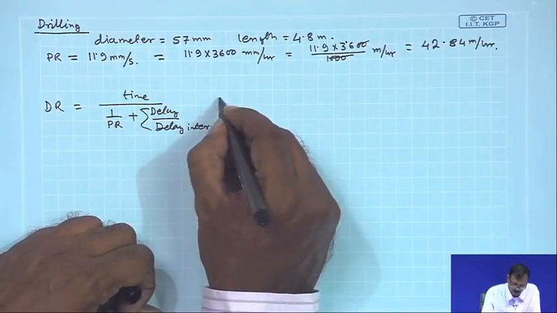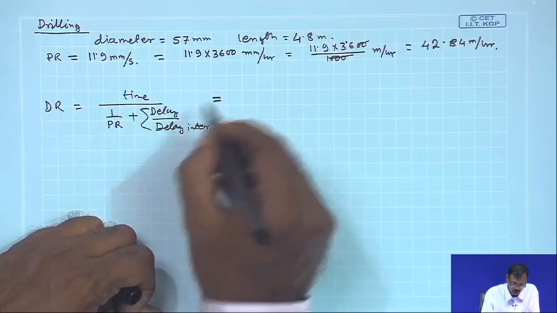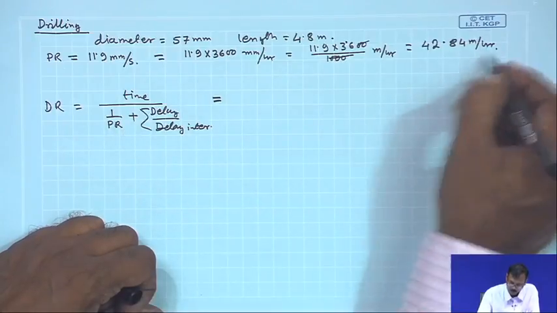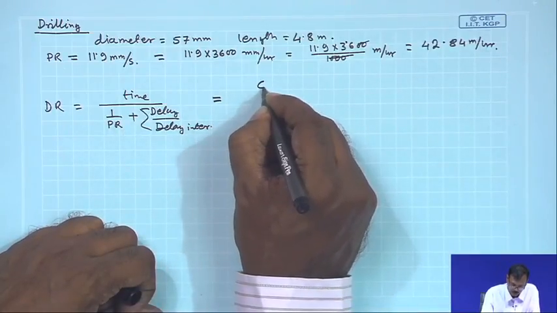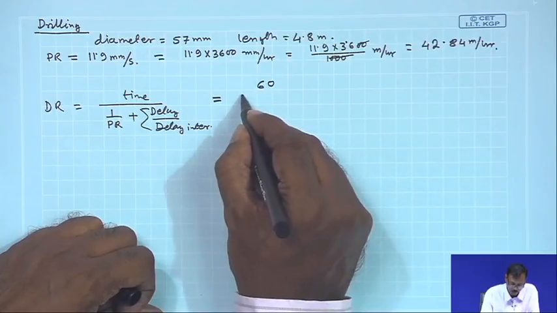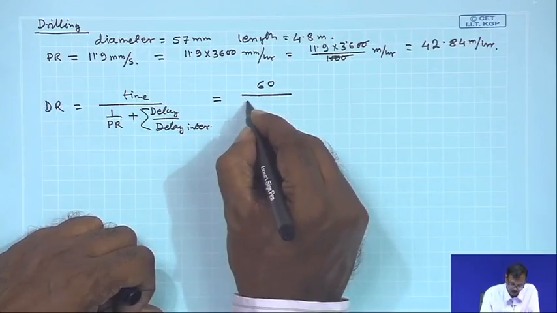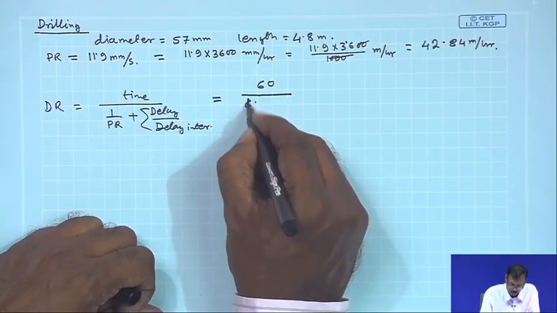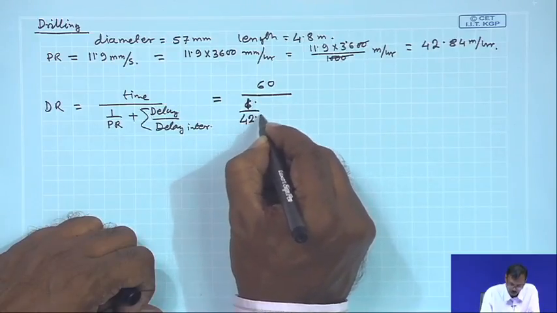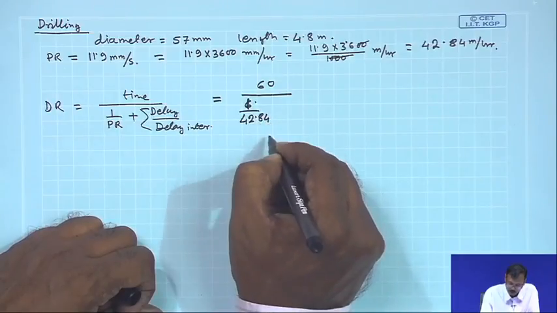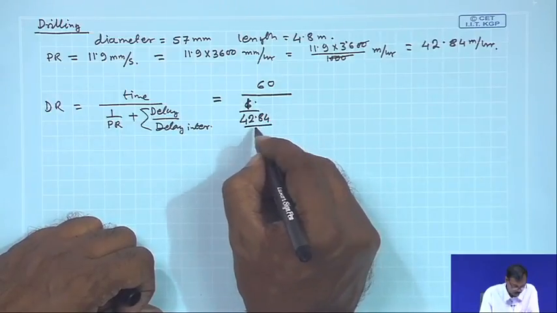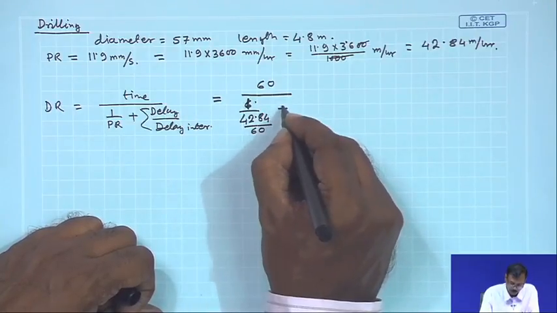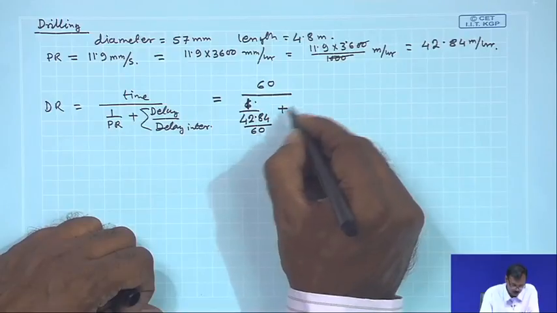Now, let us calculate it for the given delay. This is for 60 minutes, then the penetration rate is 1 by 42.84 meter per hour; to convert it into minutes we have to divide it by 60, and then add the delay.